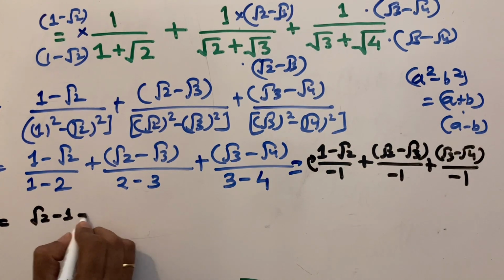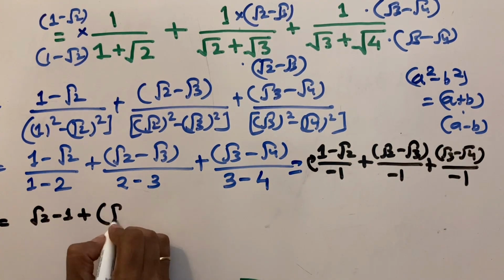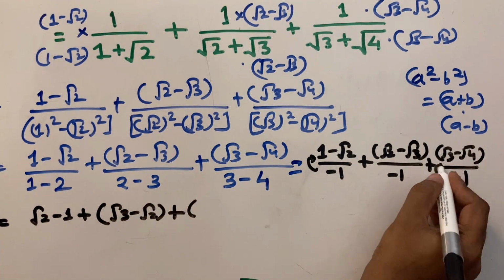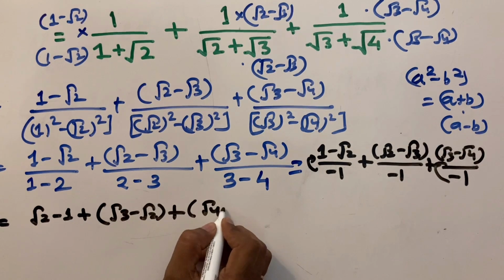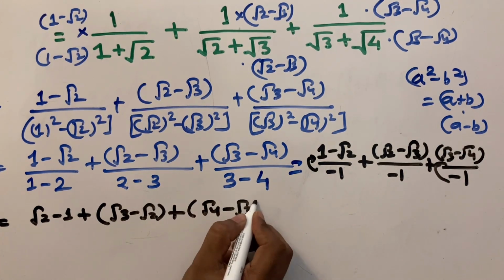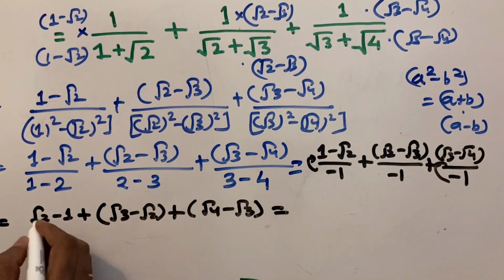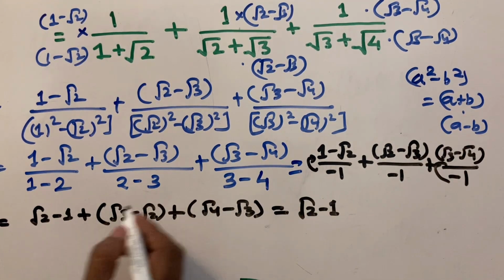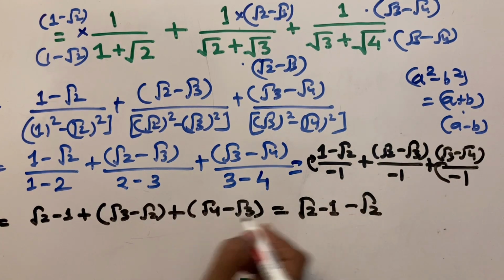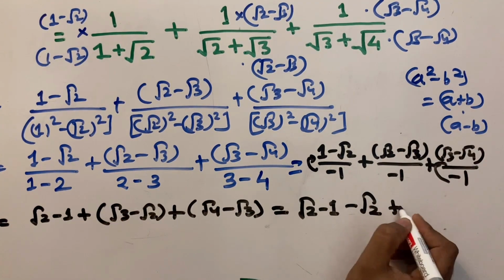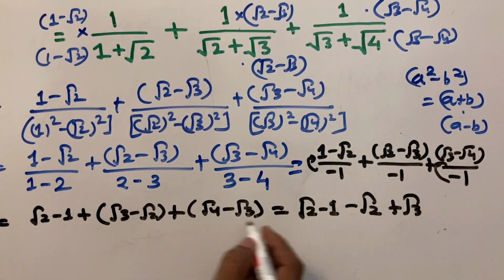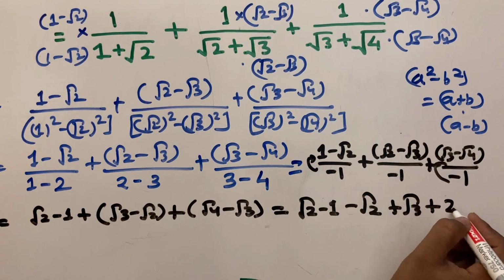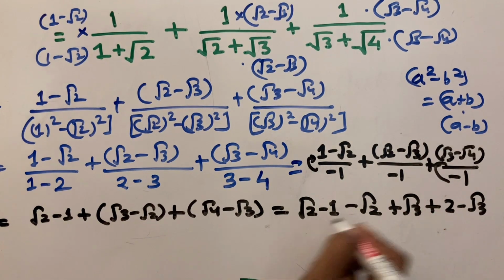Here this simplifies to square root of 3 minus square root of 2, plus this simplifies to square root of 4 minus square root of 3, which is equal to square root of 2 minus 1 minus square root of 2 plus square root of 3 plus square root of 4, which is 2 minus square root of 3.